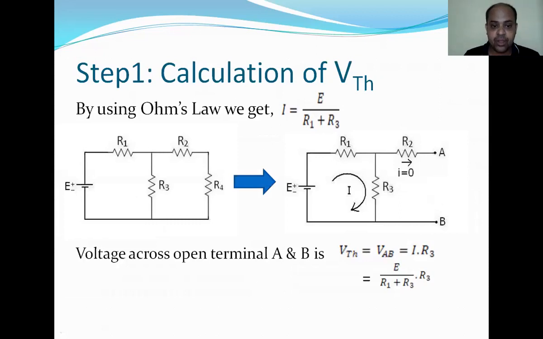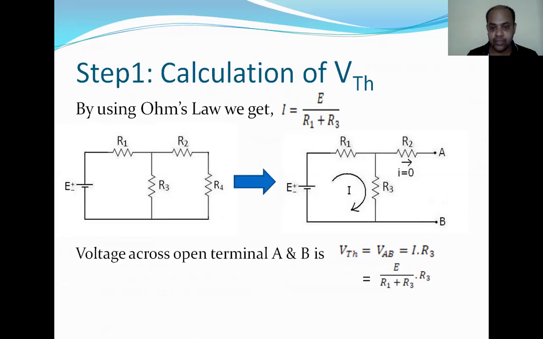Next, by using Ohm's law, you can find the current of the circuit. If we consider the current I circulating through the circuit, using Ohm's law we know that I equals V by R. But in our circuit, you can see that R1 and R3, 2 resistances are connected in series.